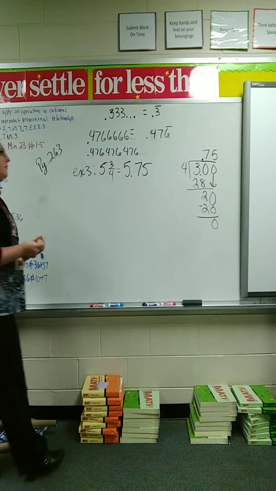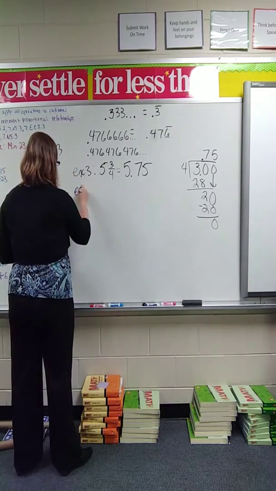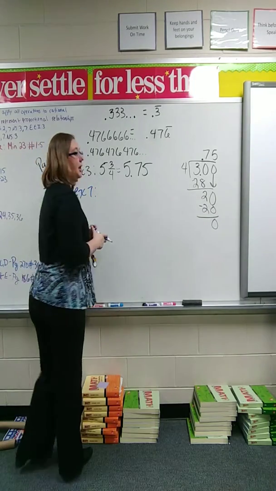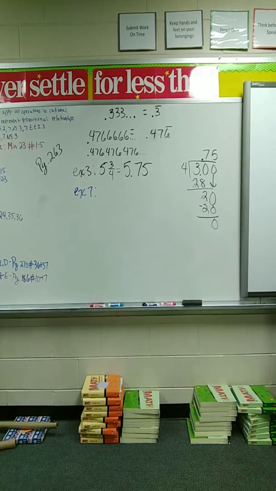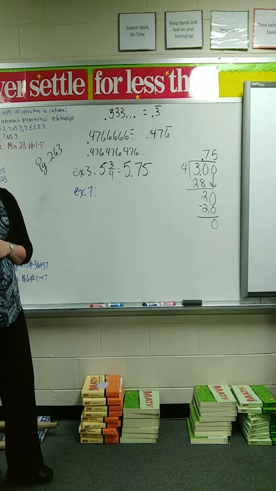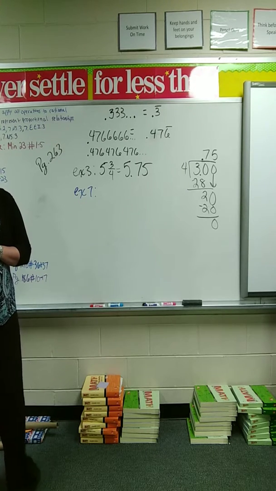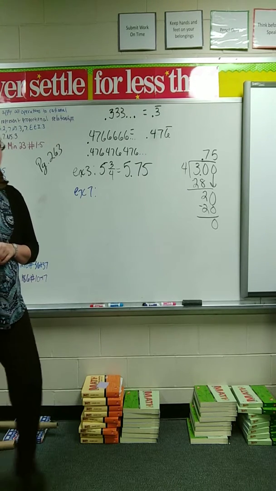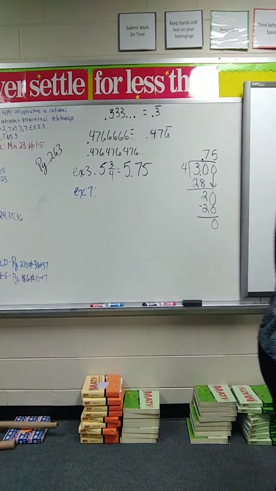We're going to look at example 7. Example 7 gives us decimal equivalents for the total number of fish in an aquarium.